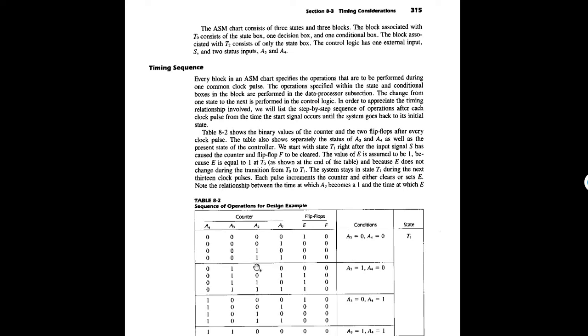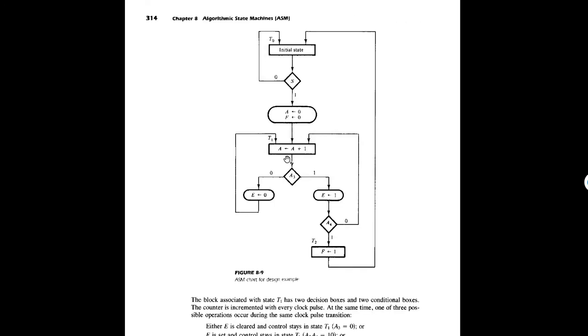So at this state, when you have 0, 1, 1, you are adding 1 and you are getting A3. But here, the present state of A3 is taken into account, right? So you are adding 1 to 0, 1, 1, fine.